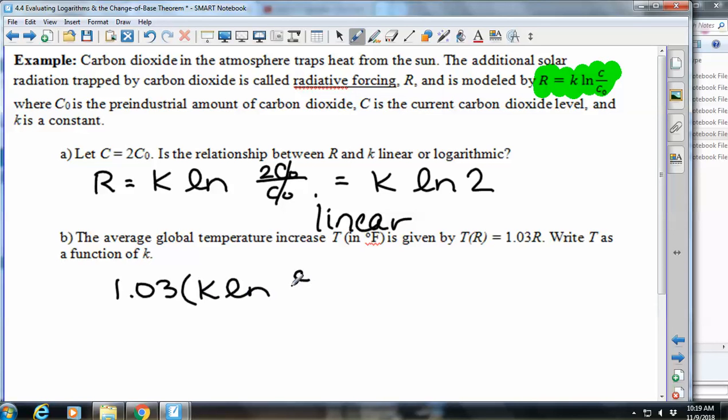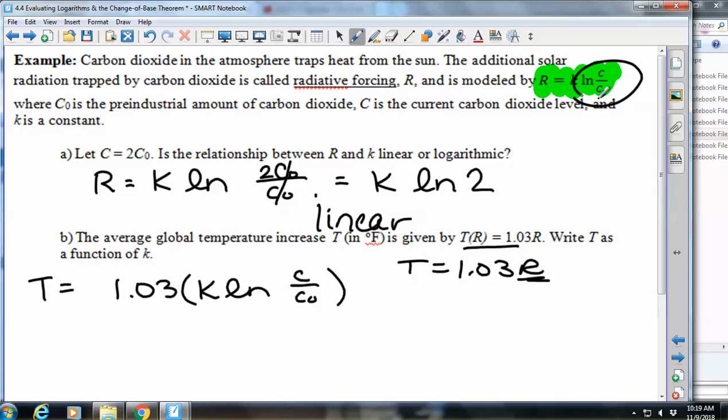K natural log of C over C sub 0. That's it. This is our formula for T. So we had T is 1.03 R. We just substituted R for what it was equal to. That's all I've asked you to do there. You're done. Questions?